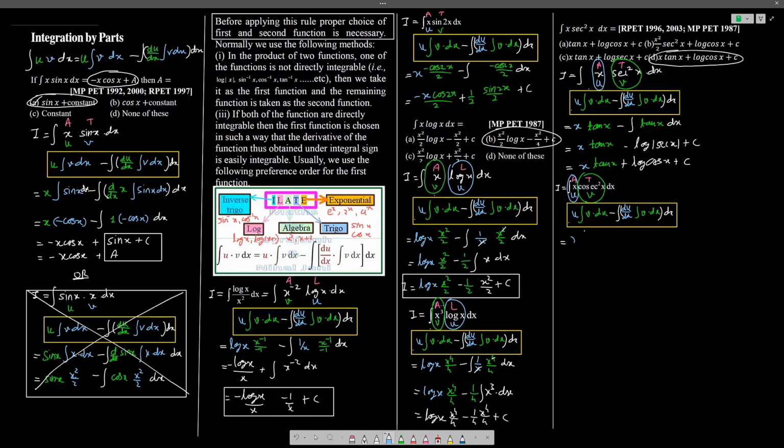In the first term, u as it is, integration of cosec square x, which is minus cot x. Then minus integration of the product of differentiation of x, which is 1, and integration of v, which is again minus cot x.